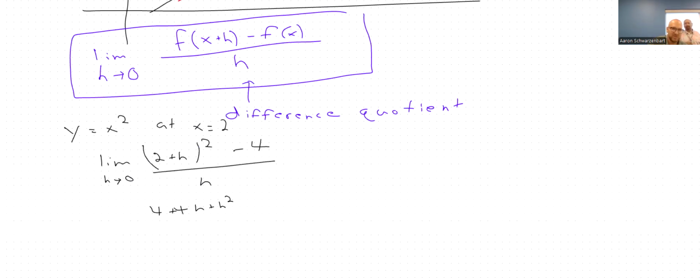Minus 4 over h. Fours cancel, leaving me with 4h plus h squared over h. Now I can cancel an h from each of these.